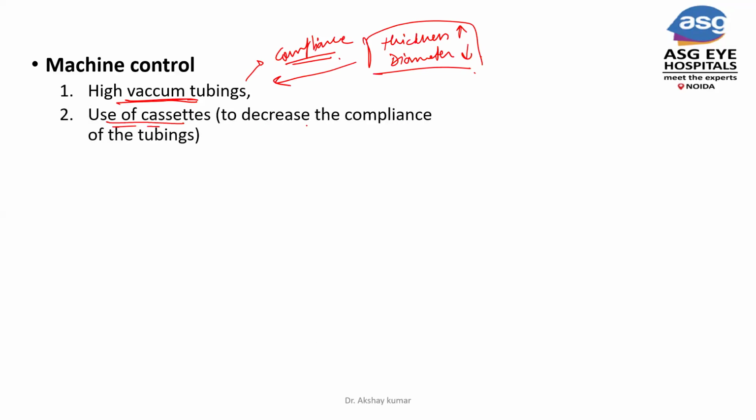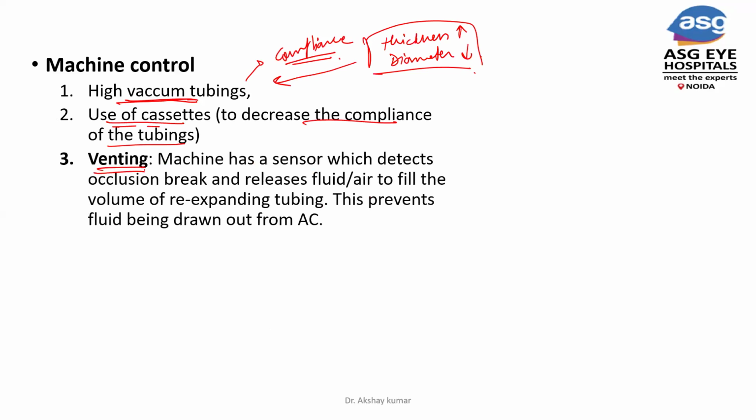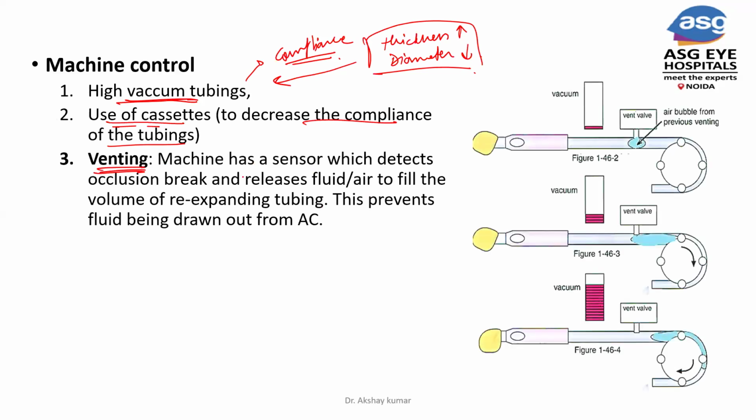Use of the cassettes to decrease the compliance of the tubing. One important thing is venting. The machine has a sensor which detects the occlusion break and releases the fluid to fill the volume of the re-expanding tubing. This prevents the fluid being drawn out from the AC.